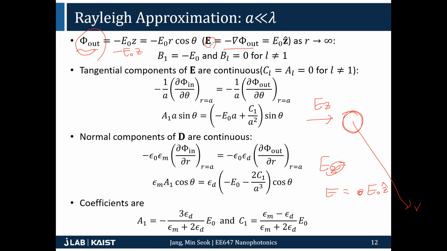In order to have the electric field be E0 along Z, phi must have this form.